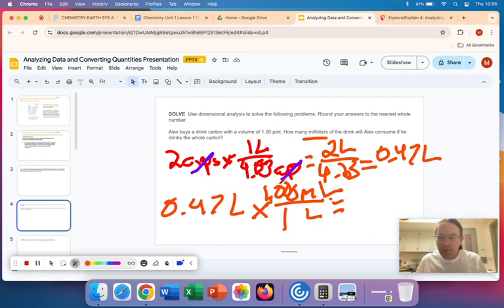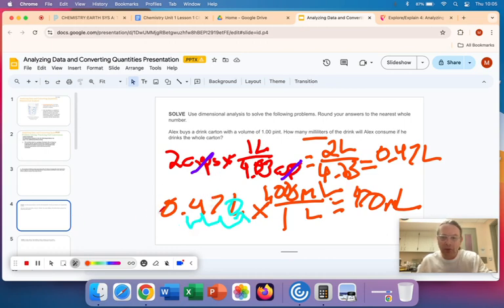And when we multiply by 1,000, the decimal goes 1, 2, 3. So we have to add a 0 right there. So we don't need our calculator for that if we know how to work with decimal points. So that will be 470 milliliters.